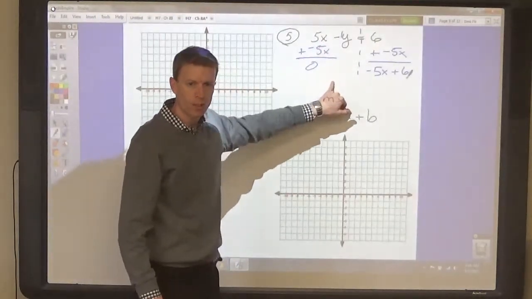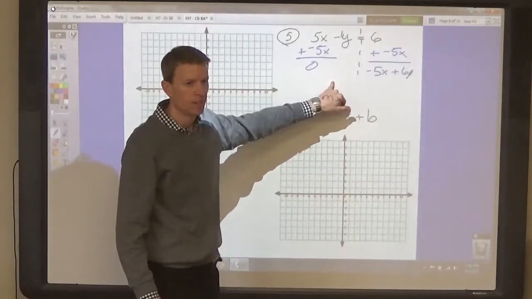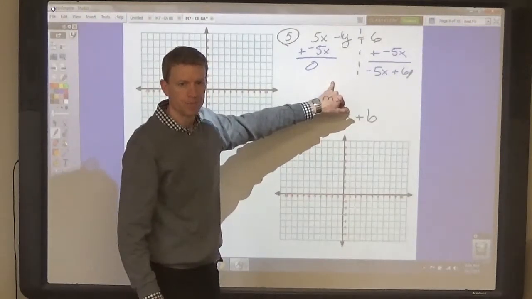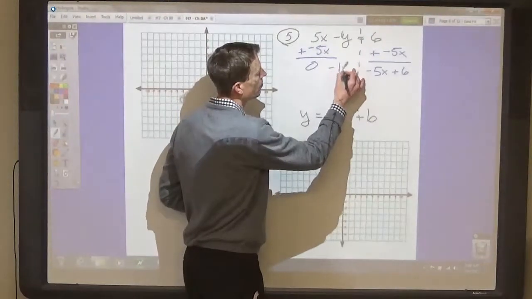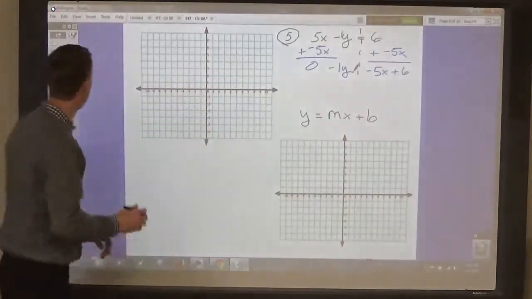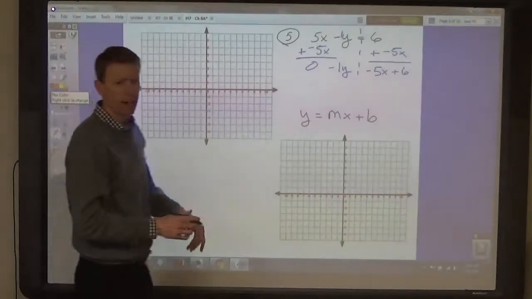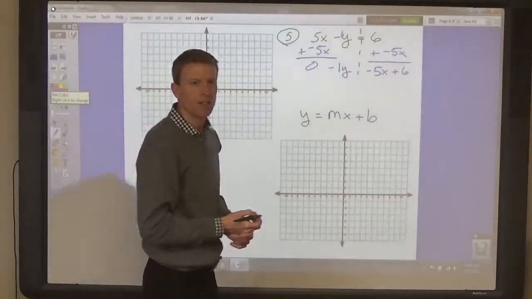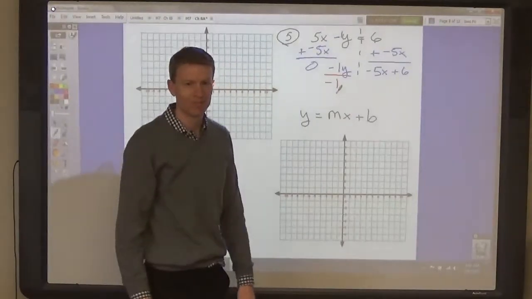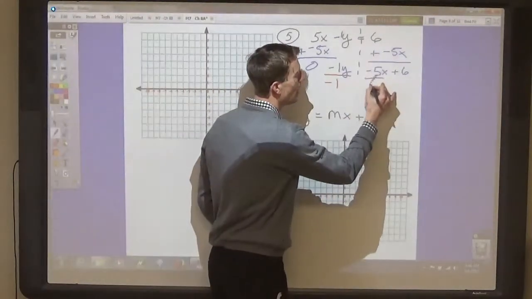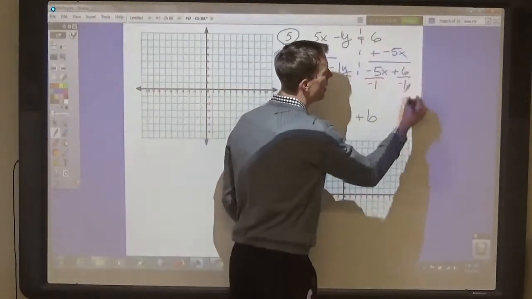What do we still have to deal with here? Abby? Negative 1y. And how do we solve that one for y? Divided by negative 1. And then divide this by negative 1 and this by negative 1.